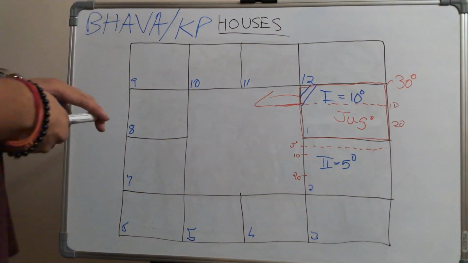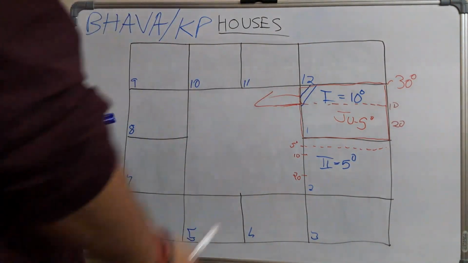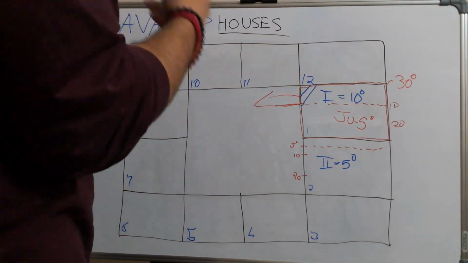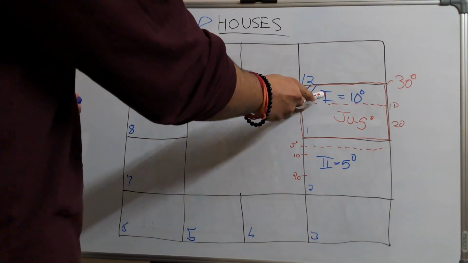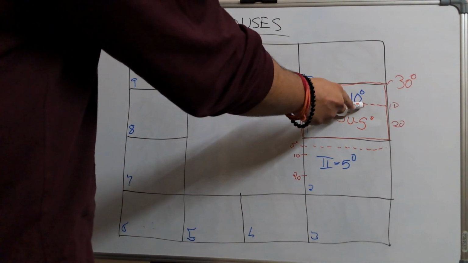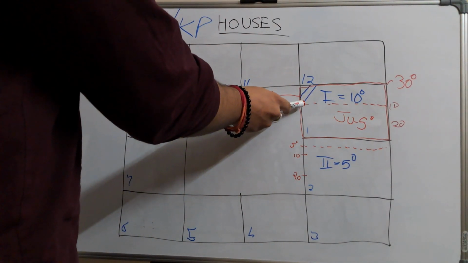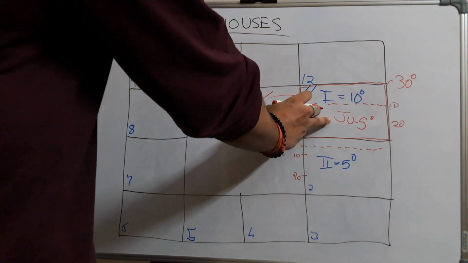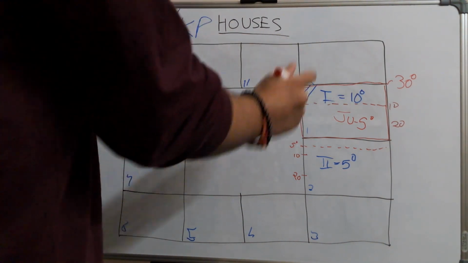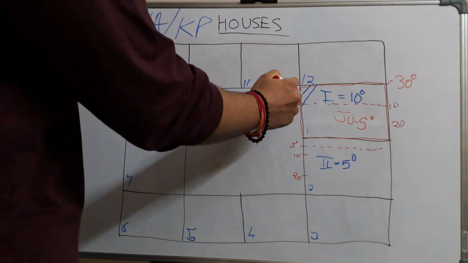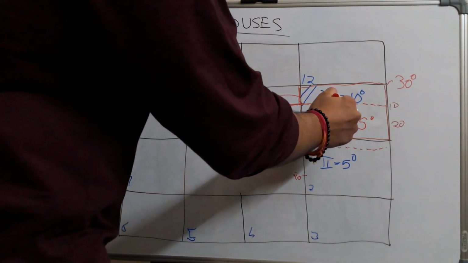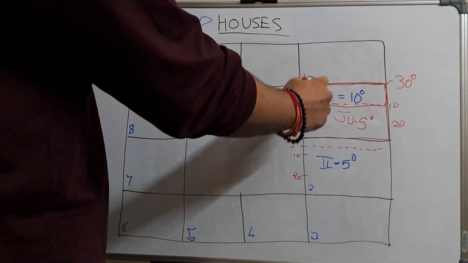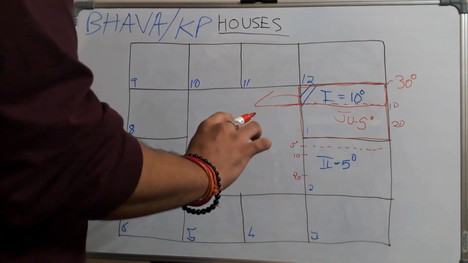Now Jupiter is situated in the first house, according to the simple view, but the first house is starting at 10 degree. So first house is from here to here, and Jupiter is at 5 degrees, so it is behind 10. So Jupiter comes here in this portion of the first box.